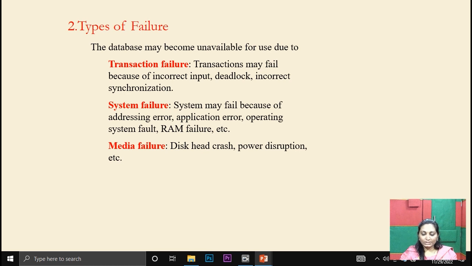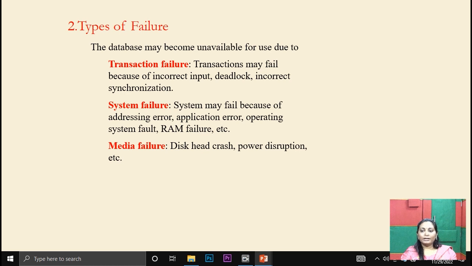Write means some changes will be made to the data and then written to the database. Transactions may fail because of incorrect input, deadlock or incorrect synchronization.